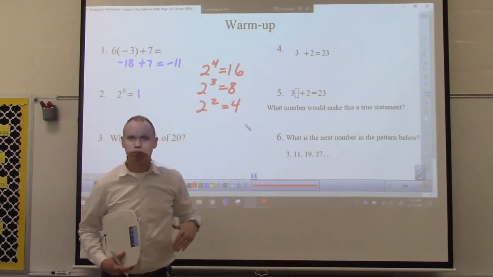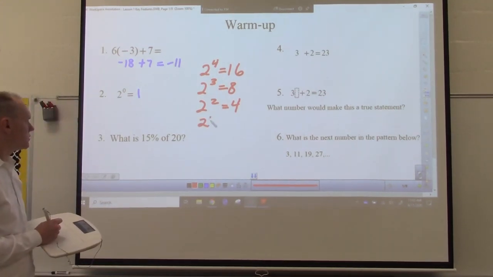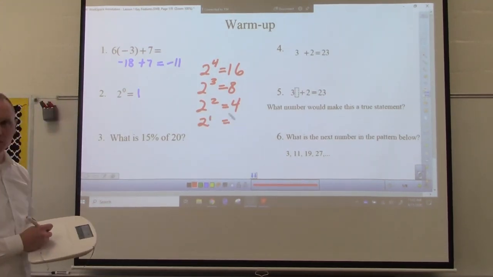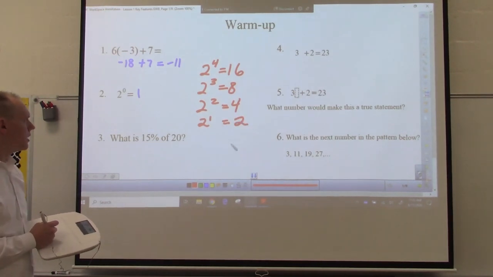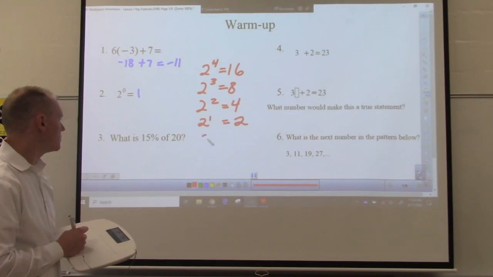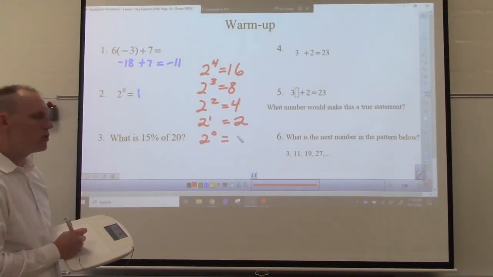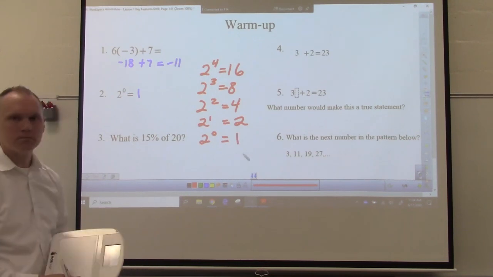So let's continue this pattern. 2 to the 1st power, which we understand to be 2. And then if we go one more time to get down to that exponent of 0, we have 2 to the 0 power equals, well, if we continue to divide by 2 here, we're going to get 1.